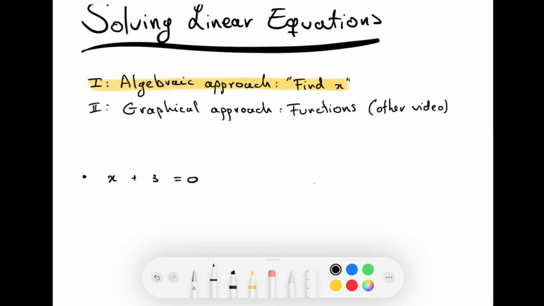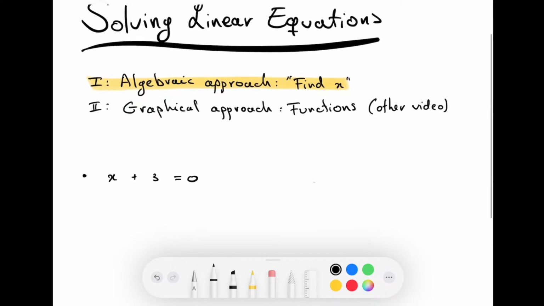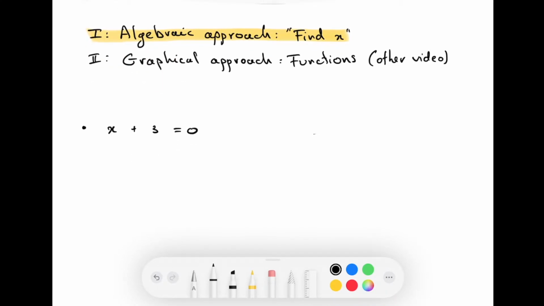However, when things become more difficult or complex, we want to have a strategic or systematic approach so that we can solve any linear equation, not just the easy ones. This systematic approach goes as follows. We want to get x on the left-hand side of the equation. Just as a reminder, we know that the answer was x is equal to minus 3.